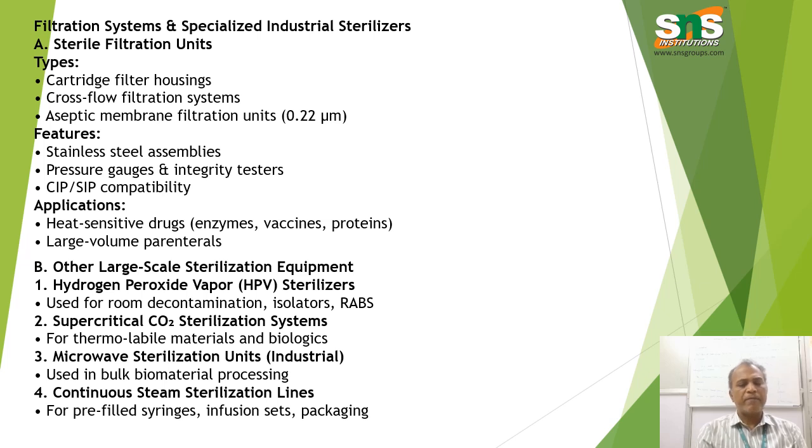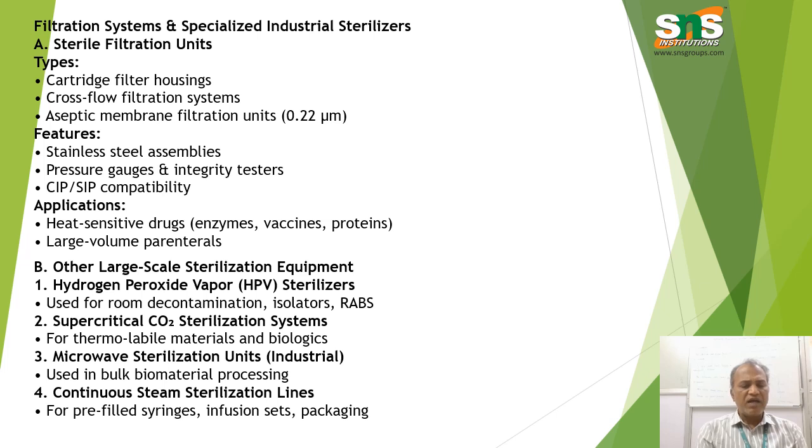That is the main property of filtration systems. What are the special features? There are no special features compared to the others; the unique feature is the filter size. The entire system is fitted over stainless steel assemblies, and it has pressure gauges and integrated testers, such as biological indicators, suitable for evaluating the filtration system, attached in the integrated testing unit area.